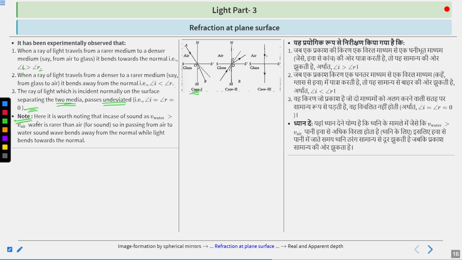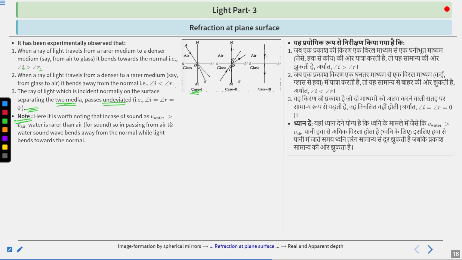Here, it is worth noting that in the case of sound, the velocity in water is greater than the velocity in air. Water is rarer than air for sound. So in passing from air to water, a sound wave bends away from the normal while light bends towards the normal. So this is a phenomenon that we actually observe differently for light and sound.